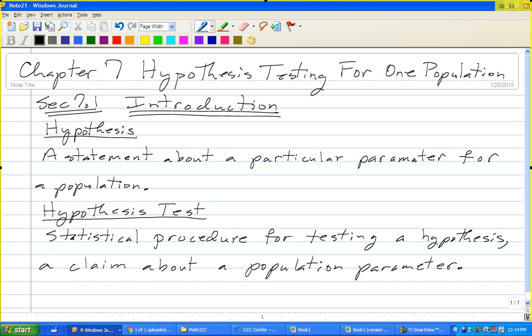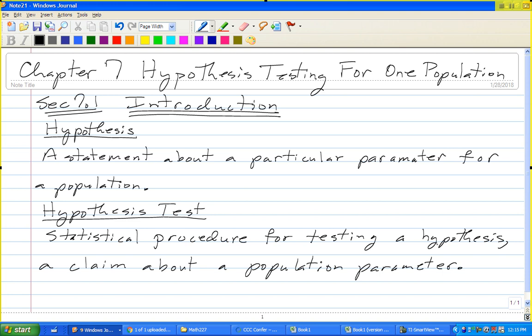Okay, so examples of this. Some institute claims that its method allows couples to increase the probability of having a baby girl. So that would be an example of something that we could test. Another, a newspaper cites a survey and claims that the majority of people have heard about Kindle. And so that's another statement that we can test.